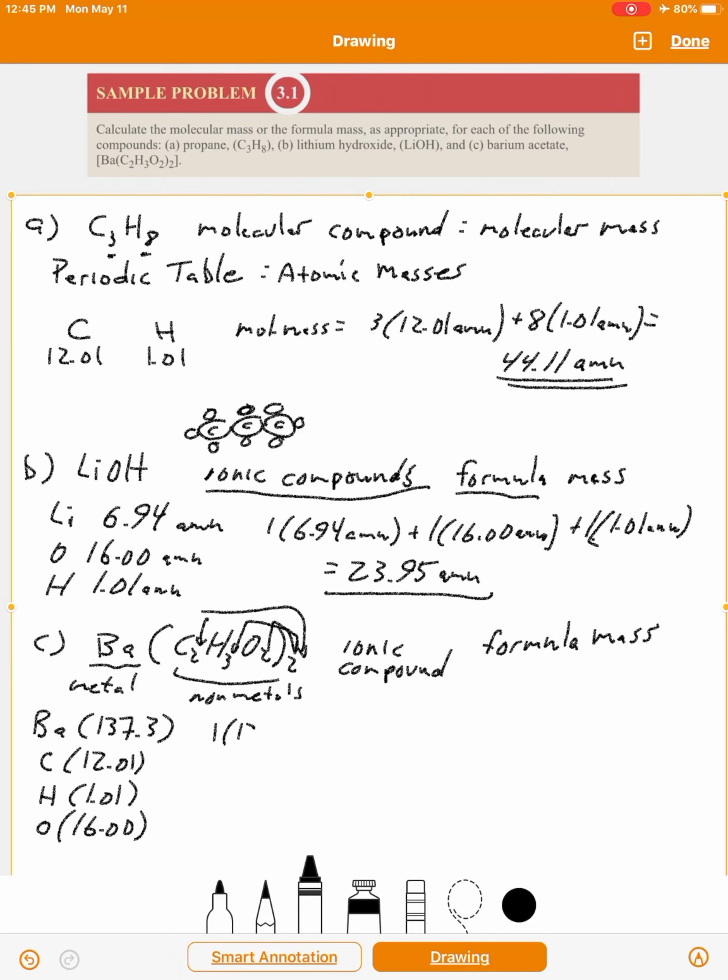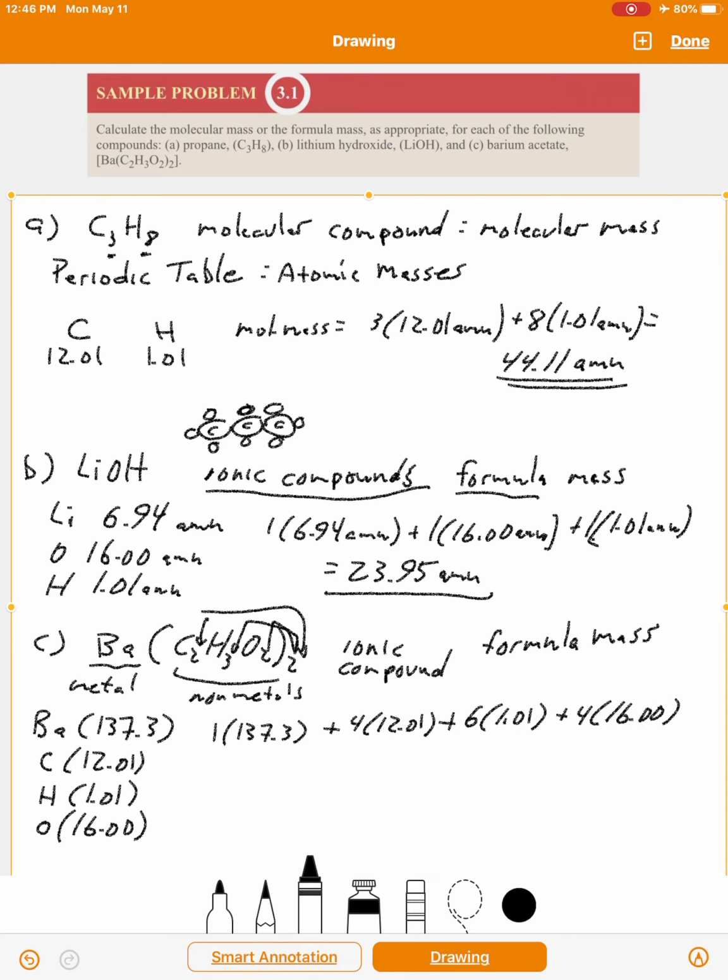So 1 barium, 1 times 137.3. There's 4 carbons, right? Each acetate has 2, but there's 2 acetates, so that's 4 carbons. So 4 times 12.01. There are 6 hydrogens, 3 times 2. And then there are 4 oxygens.